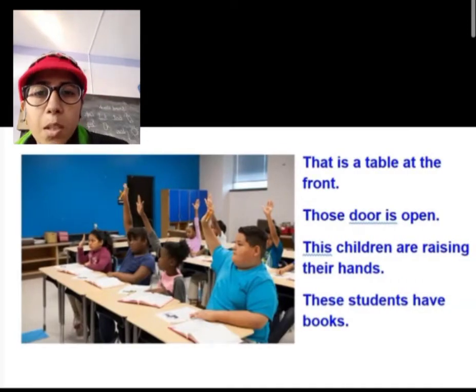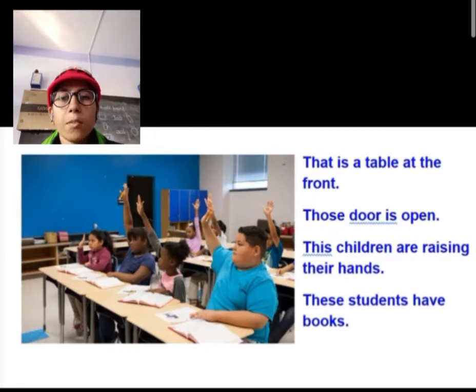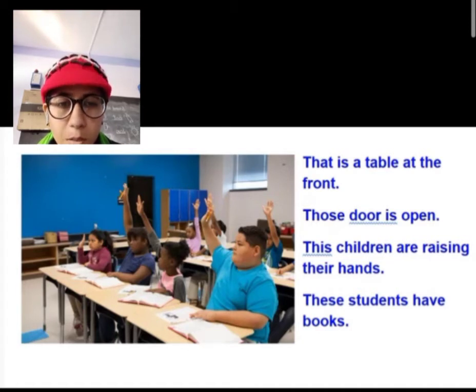In this example, we are having some sentences and we have to find out the correct and incorrect sentences. First one is, that is a table at the front. Those door is open. These children are raising their hands. These students have books.